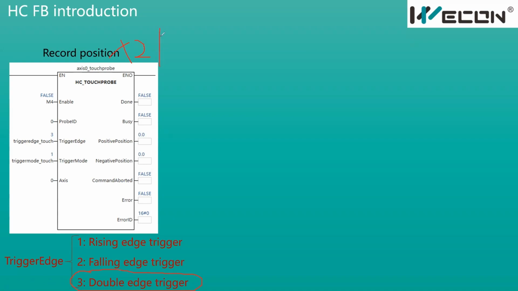When we get a rising edge of X2, the counting value will be recorded in this positive position. And when we get a falling edge signal of X2, the position will be recorded to this output. So this tool is used to record the position of the encoder.